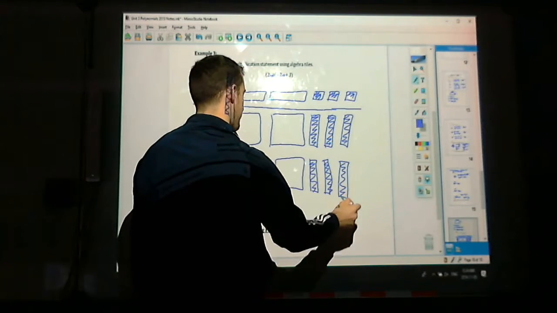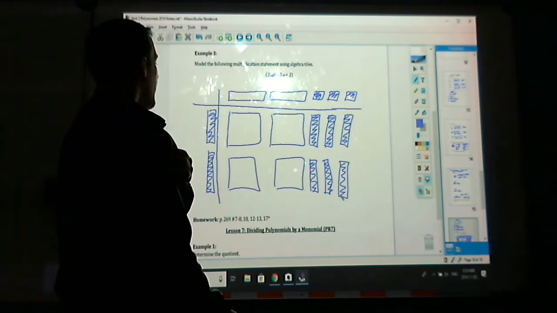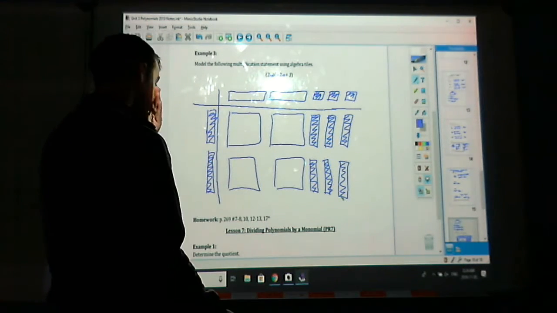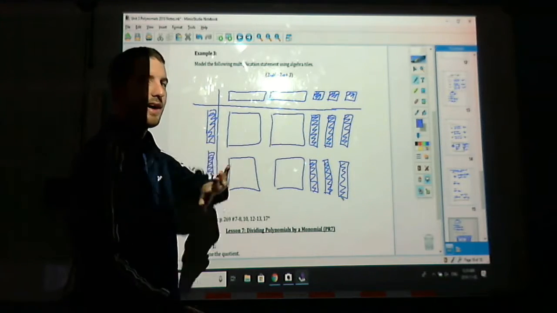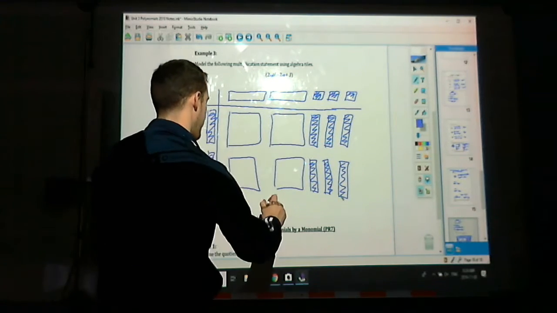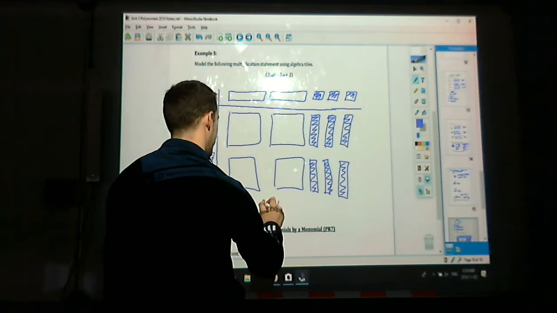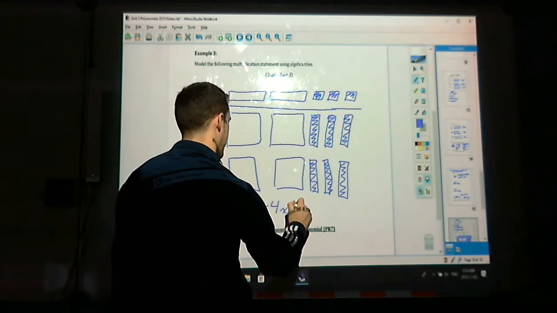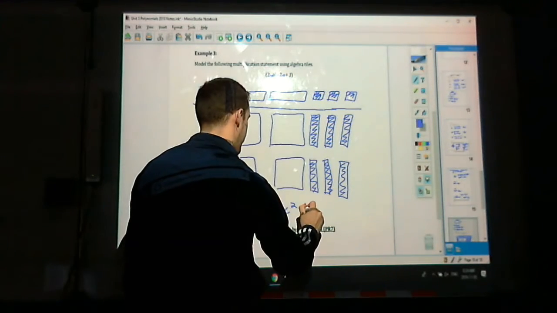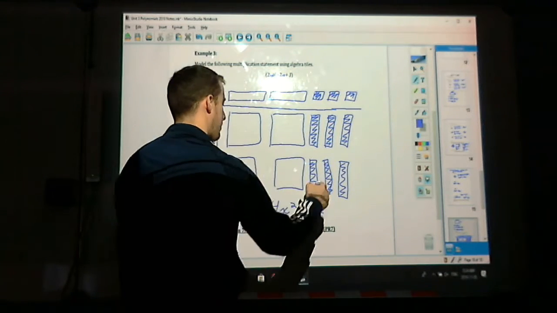Lastly, what I would recommend doing is writing this out as an expression. So here we have 4 negative x squareds, plus 6 x blocks.